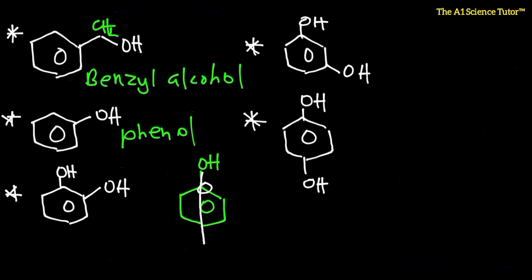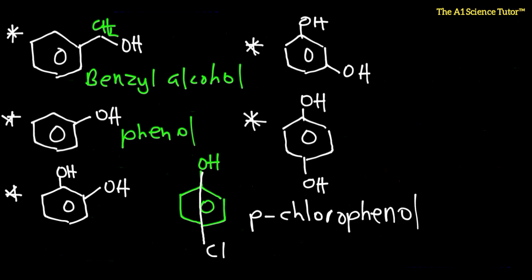So this and this will be para positions. So if you actually have another group here, let's say a chlorine group here, now we know that this is a phenol. So if we have a chloride group on the position here, we're actually going to say this is a para-chlorophenol. That is as a result of the position where the chloride atom is.